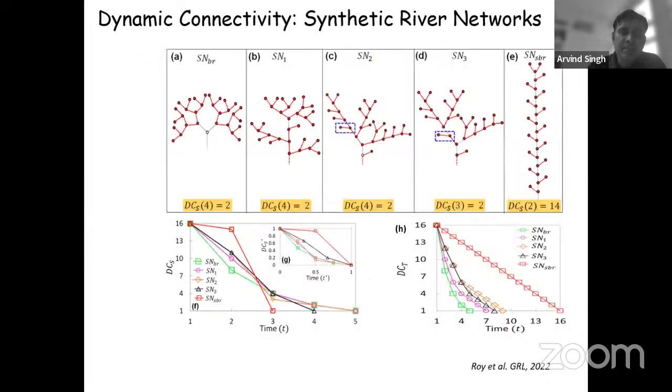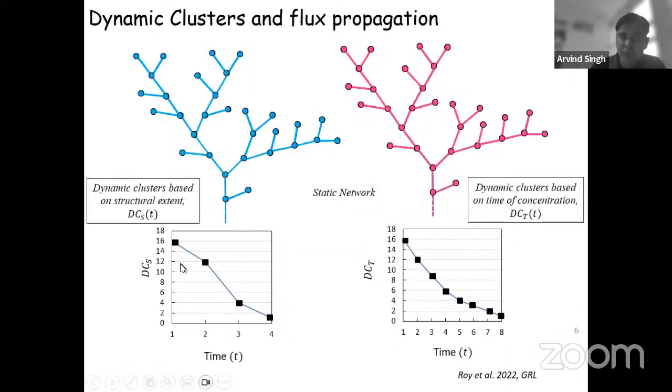And we analyze the role of branching and side branching on the patterns of flux propagation. In the previous slide, what we were looking at is the number of clusters at a given time as they are propagating and merging, with the flux propagating downstream.